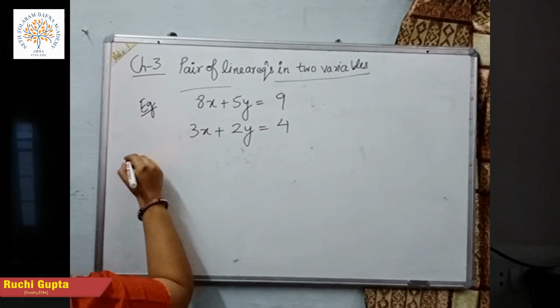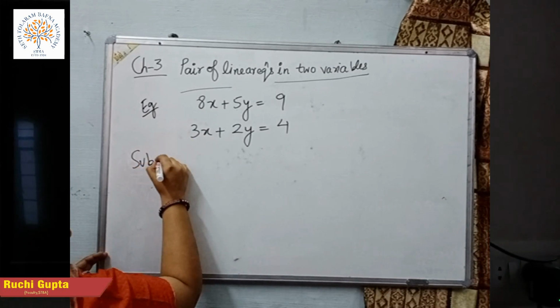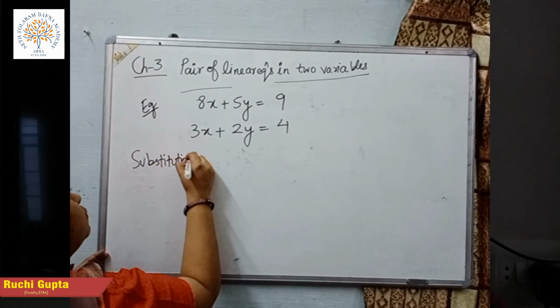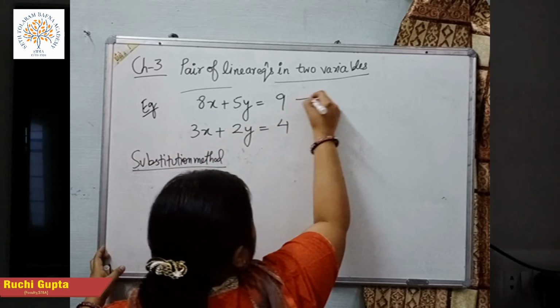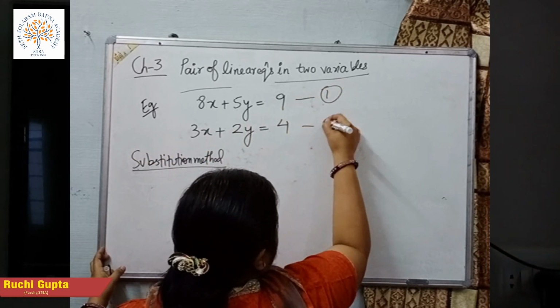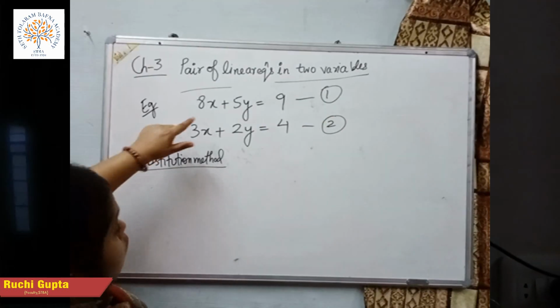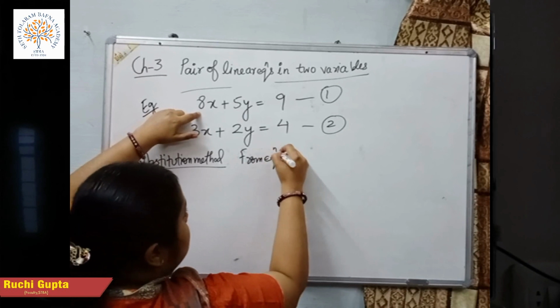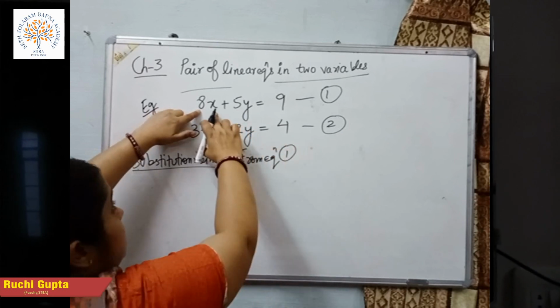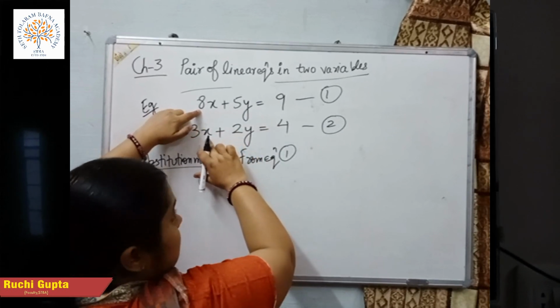So we have to find the values of x and y. Okay. So firstly I am doing the substitution method. Let this equation be 1 and this equation be 2. So from equation 1, I am substituting the value of x in the second equation.